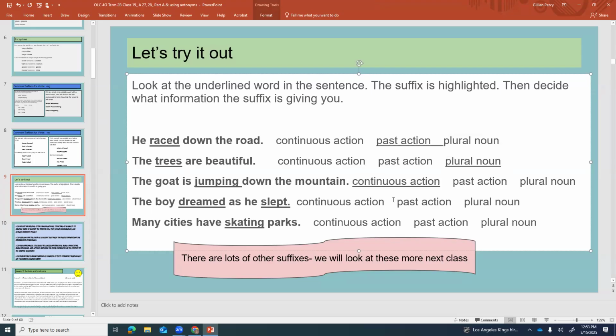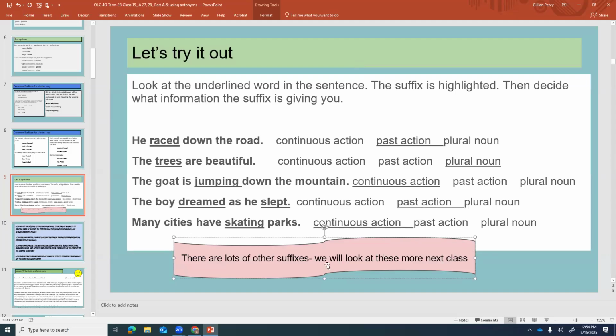The boy dreamed as he slept. Okay, these are both showing the past. Now, it could be in a sentence that one would show past and one would show something else, but in this particular case, they're both showing past. Many cities have skating parks. I'm not crazy about that one, but anyways, continuous action.